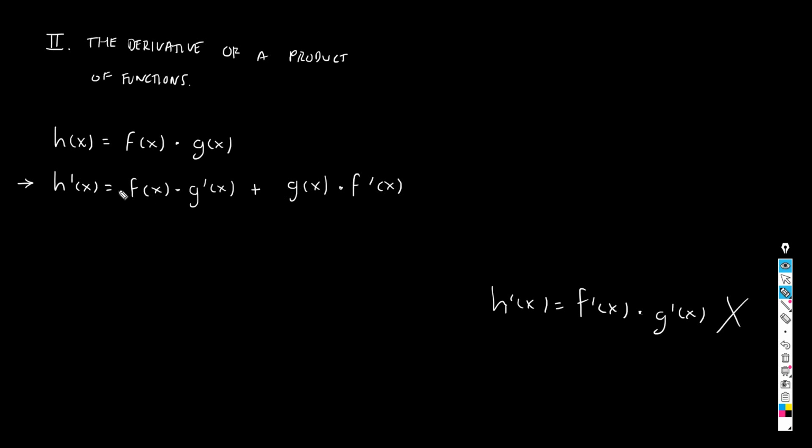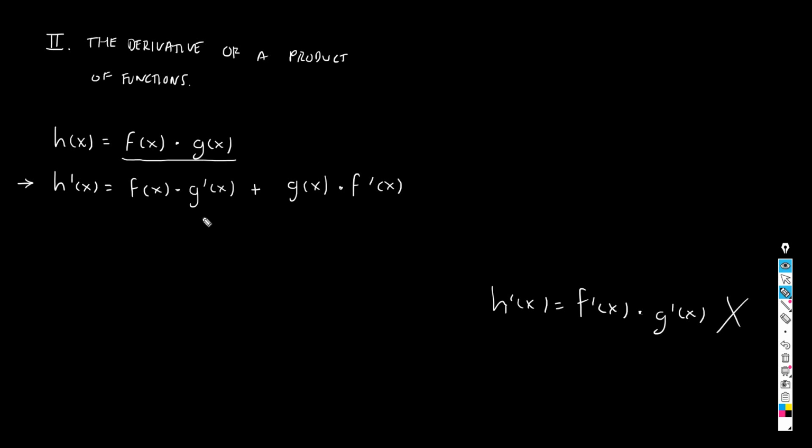I'm going to repeat that. If you have a product of functions like this, and you want to differentiate this product, what you do is you take the first one, you multiply it by the derivative of the second one plus the second one times the derivative of the first one.